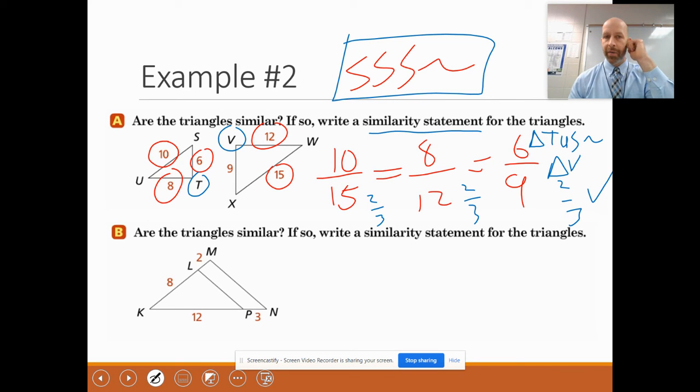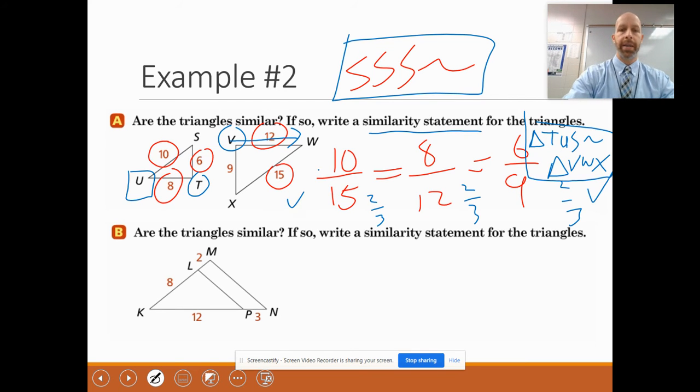And now we've got to be careful. So I picked U, this one right here, as my second letter. Notice I went from the right angle to the second longest side. So I'm going to need to go this way on this one. So this is going to be WVX. So there's my similarity statement, and they are indeed similar.